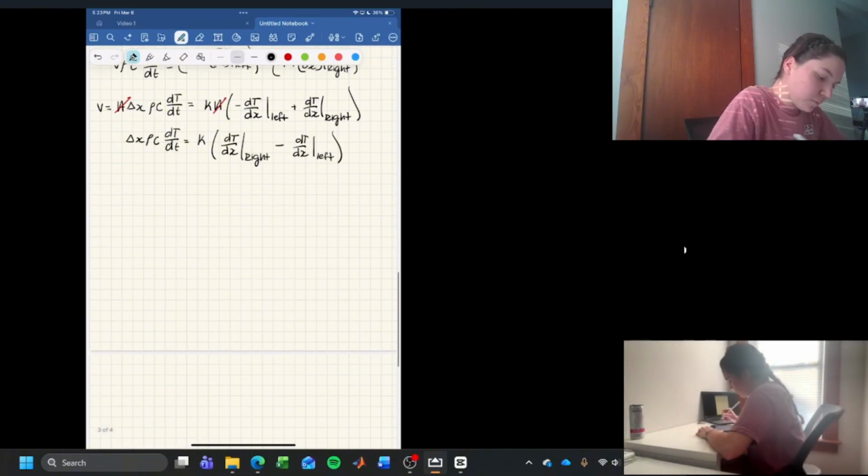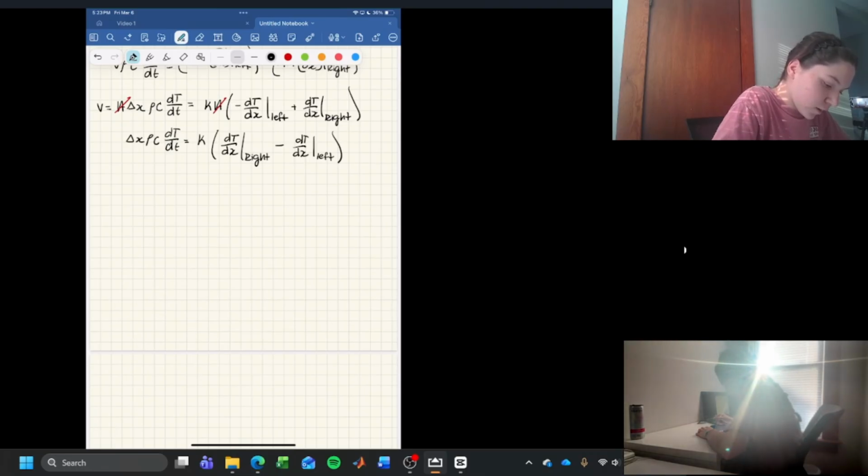So now we can divide this side. We can take this value and divide it on both sides. So we end up with the change in temperature over the change in time is equal to K over density times the heat capacity times this change in temperature over change in position from the right minus the left.